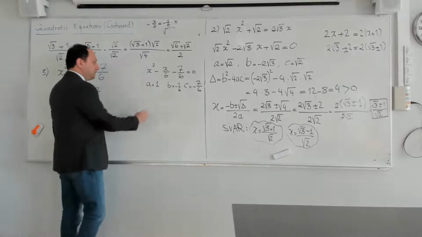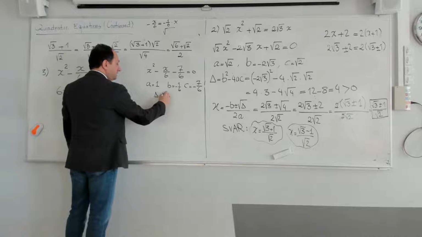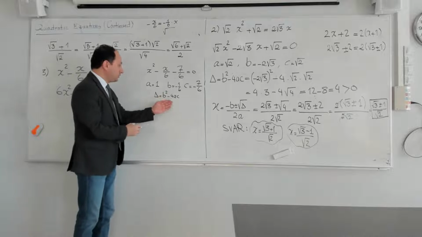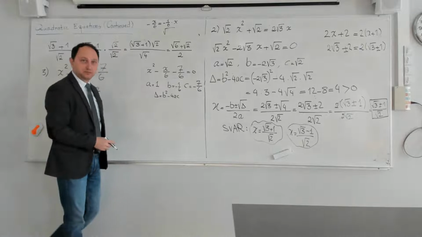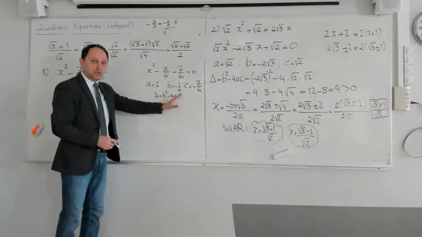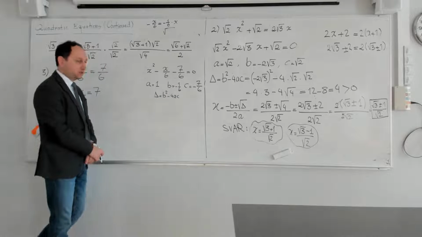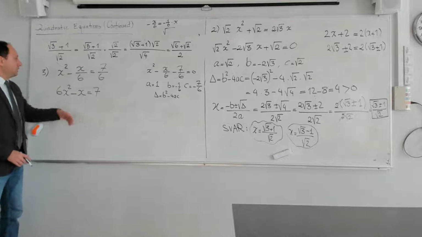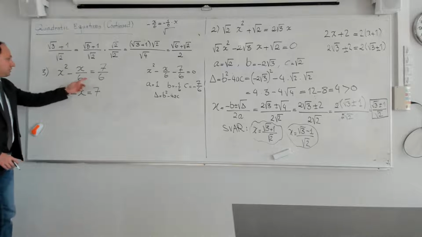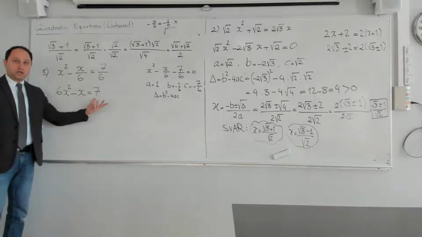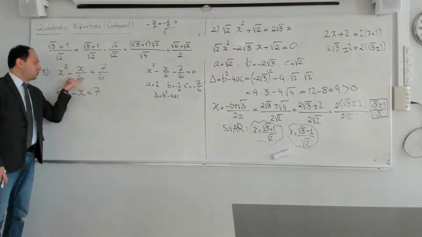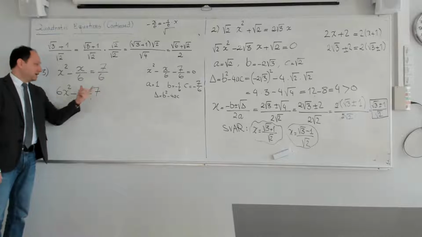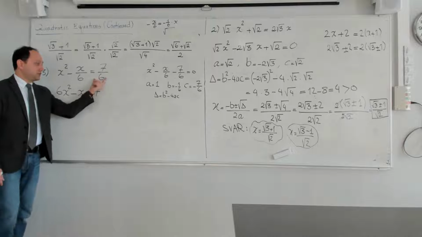And I hope that you agree with me that if you want to write delta for these numbers, it is possible, of course, but then you need to work with fractions all the time. But if you manage to do that, definitely you will get the correct answer. But here, I say that, okay, instead of working with fractions, I multiply everything by 6 to get rid of fractions. Why? Based on what can I do this? Because if you want to make this one equal to this, it is sufficient that I make 6 times this equal to 6 times this.